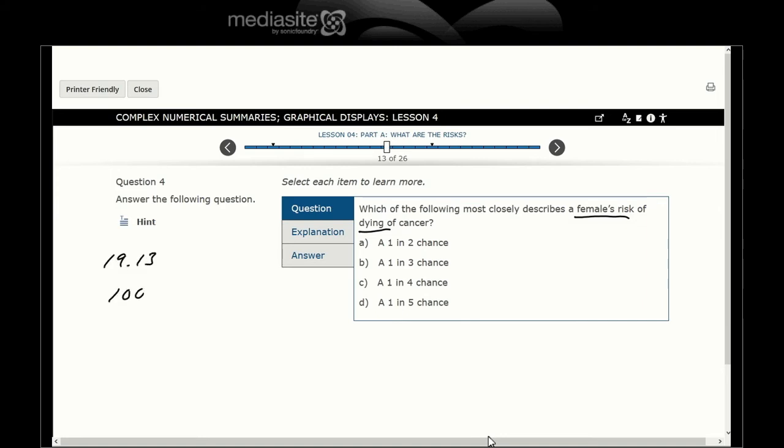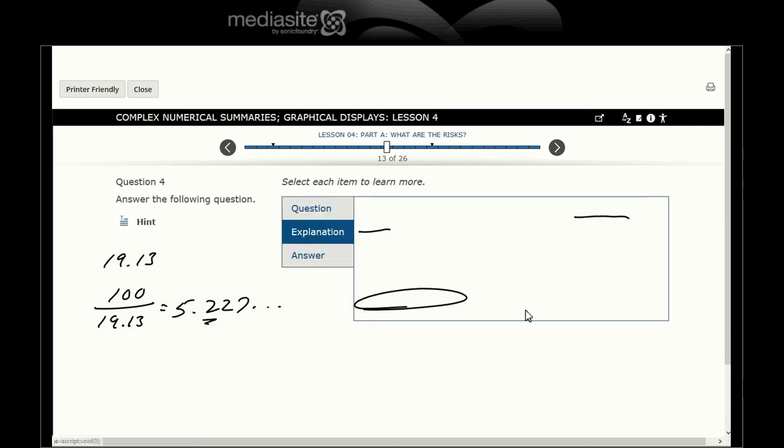So let's take 100 divided by 19.13. 5.227, less than 5. So 1 in 5 chance of dying of cancer once diagnosed. Okay, 19.13, what we got? D, 1 in 5.